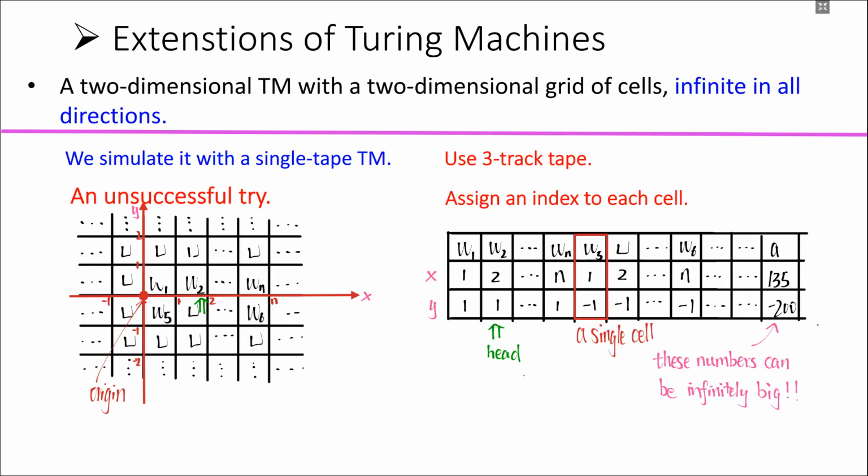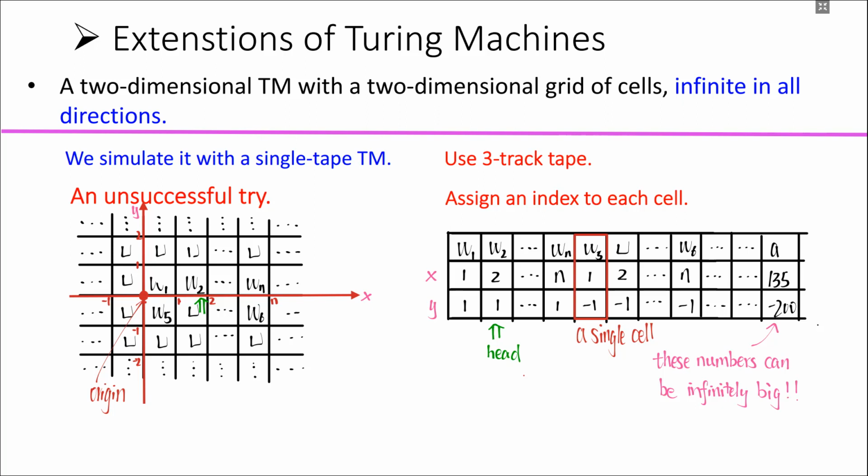One possible way is to simulate the two-dimensional machine with a multi-track single-tape machine. Here we need to define an indexing for the cells in the two-dimensional space. By assigning an arbitrary origin, say the cell of the first symbol in the input string, and positive and negative directions, we can say that each cell has index (i1, i2), where i1 and i2 are integers.